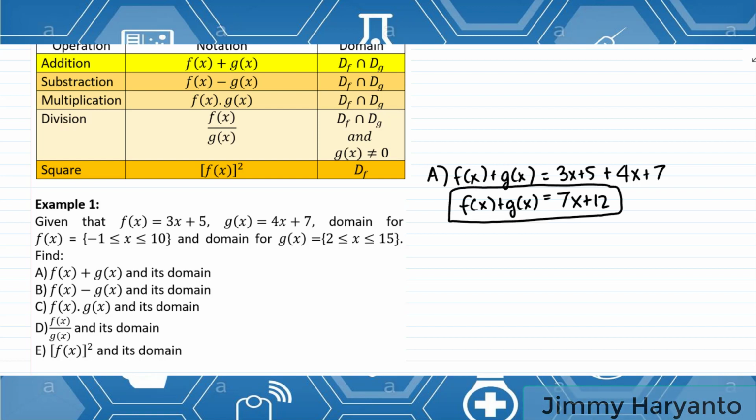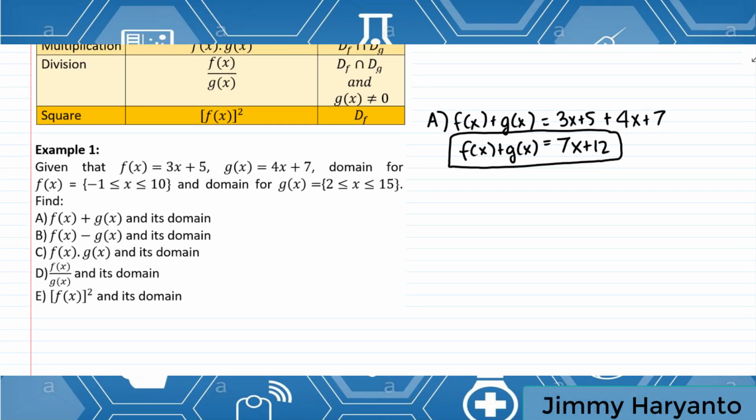And then the domain. The domain will be the intersection between f and g. So the domain of f is negative 1 until 10, and the domain of g is 2 until 15.